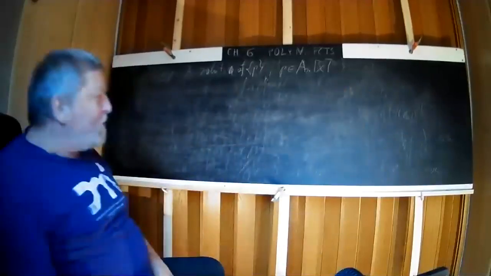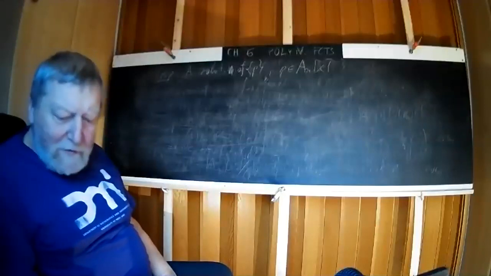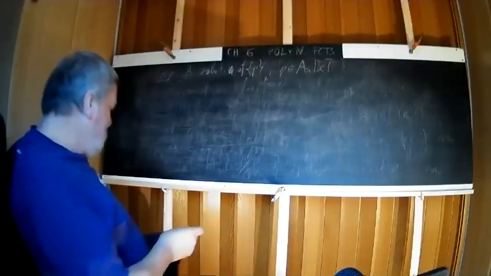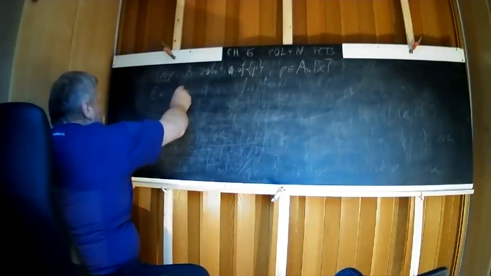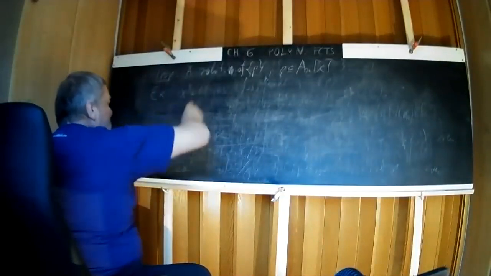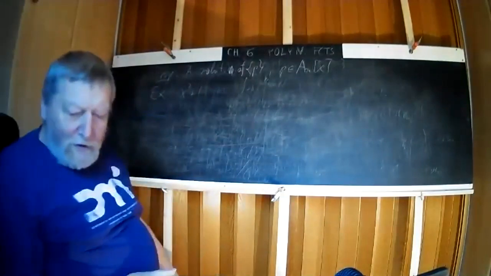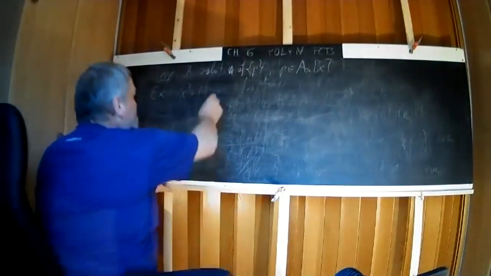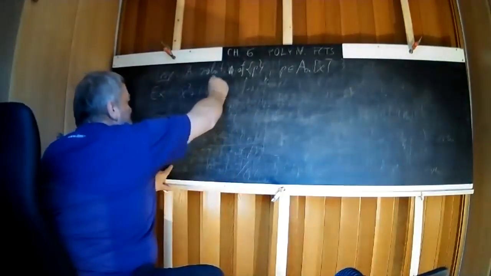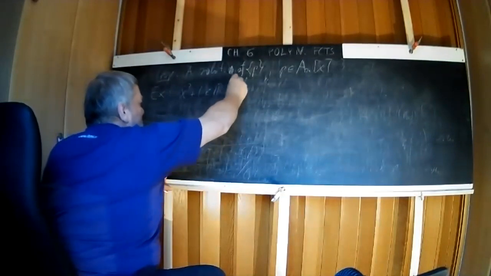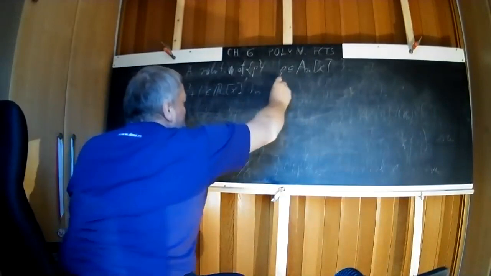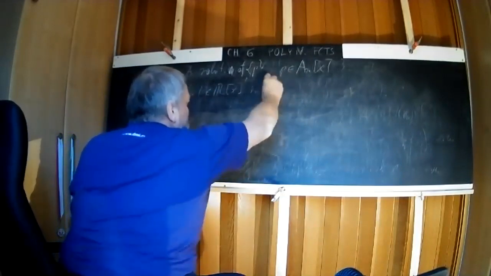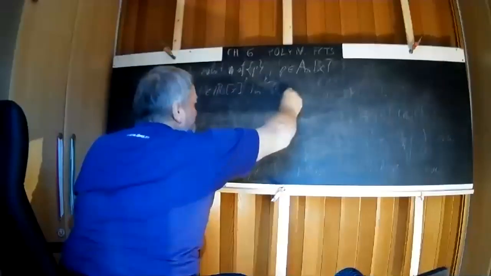So let's try to test what we have gotten so far. And we take as a first example x squared plus 1 over the real numbers. And we are working in the variety of commutative rings with identity.